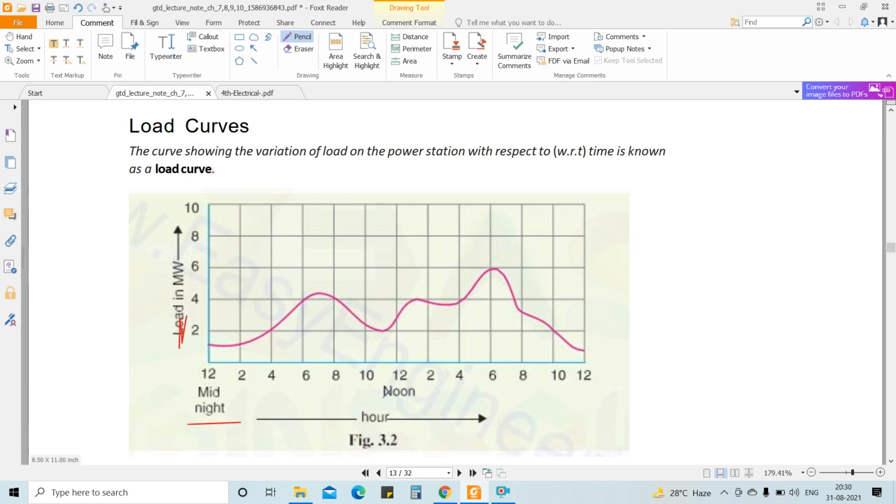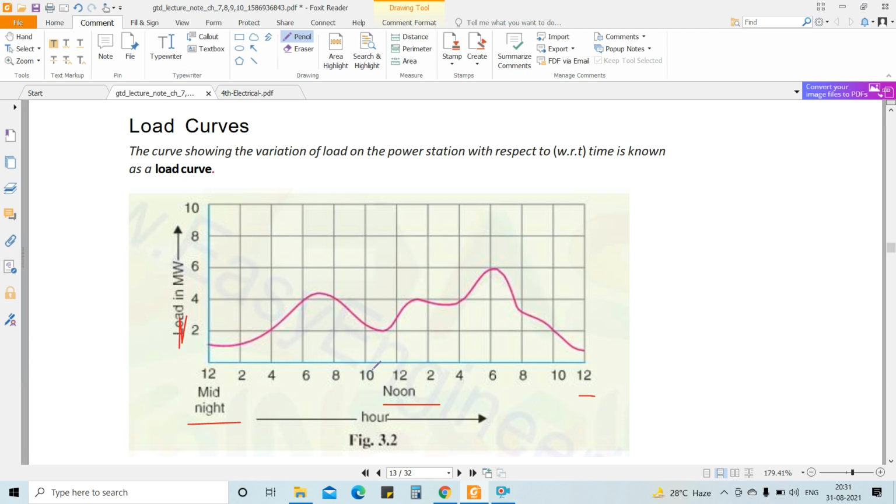This is midnight, this is the afternoon, and then again night. So this completes 24 hours. In the midnight the load is 2 megawatt, but in the morning 6 to 8 the load is 4 megawatt.